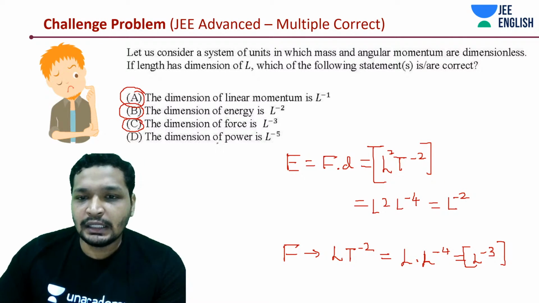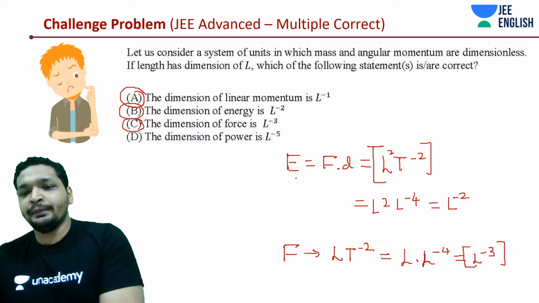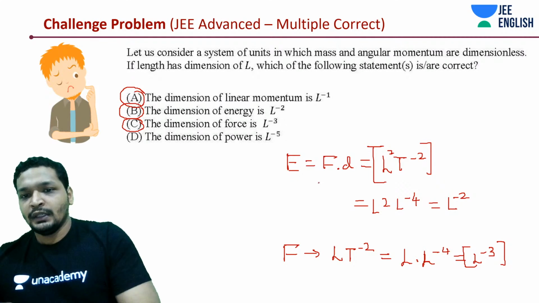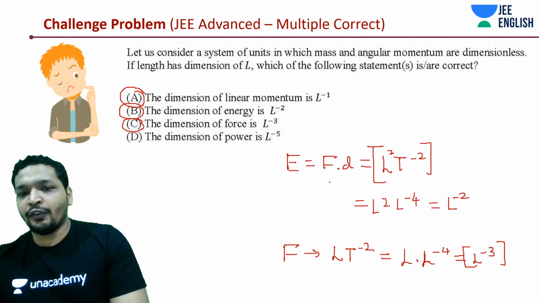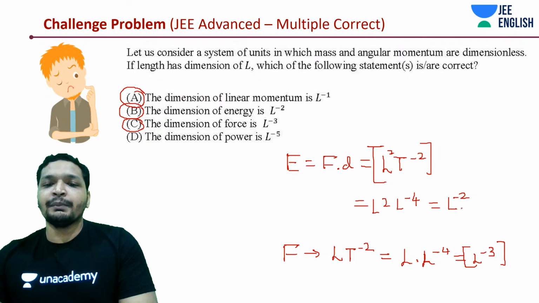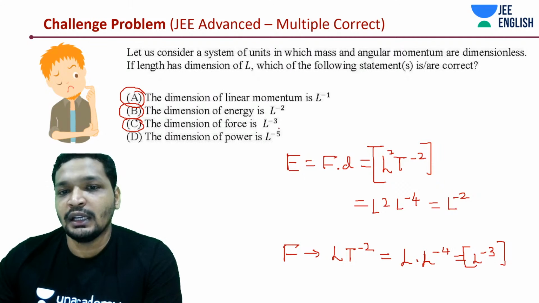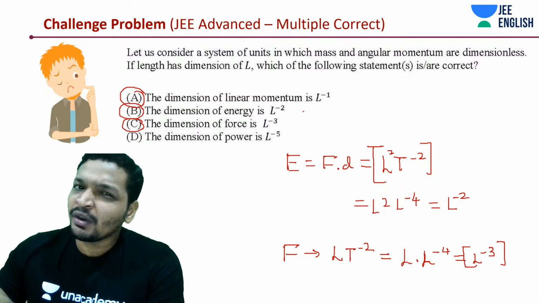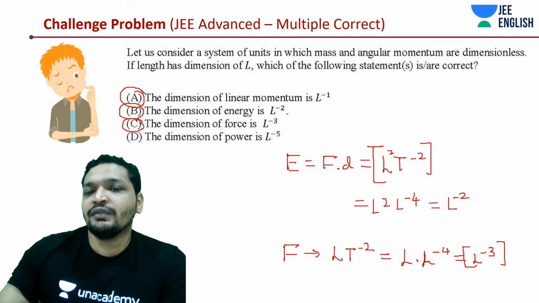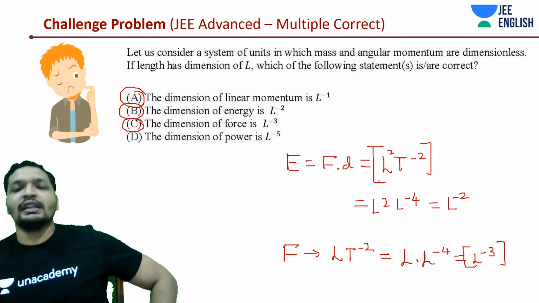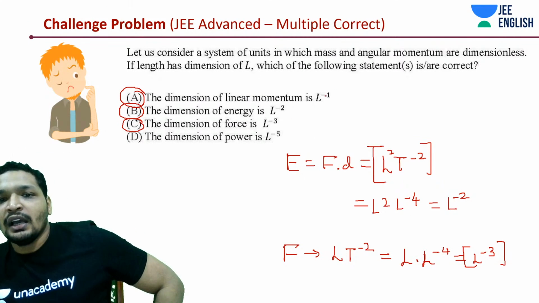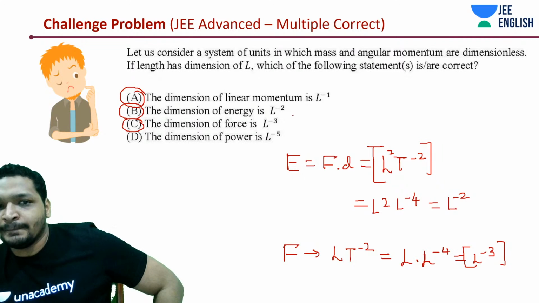Let's analyze D. D is energy by time. You could have simply divided this by L, and you could have said this is L to the power minus 3. Each one would have had some relation. I haven't noticed it very carefully.